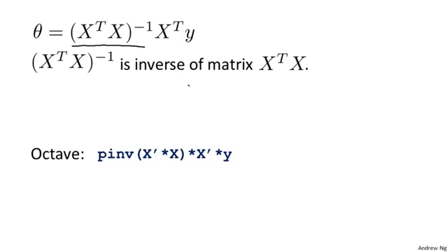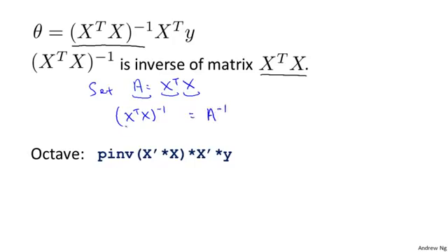Well, (X transpose X) inverse is the inverse of the matrix X transpose X. Concretely, if you were to set A to be equal to X transpose times X, so X transpose is a matrix, X transpose times X gives you another matrix, and we'll call that matrix A, then (X transpose X) inverse is just, you take this matrix A and you invert it, right? It's equal to A inverse, and so that's how you compute this thing. You compute X transpose X, and then you compute its inverse.